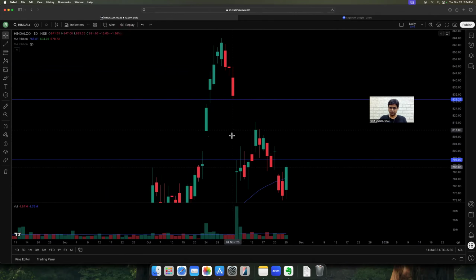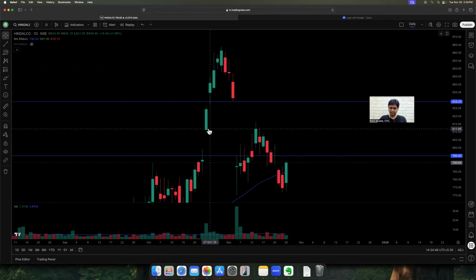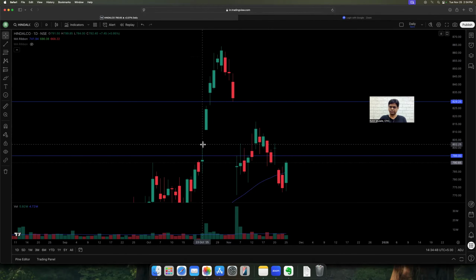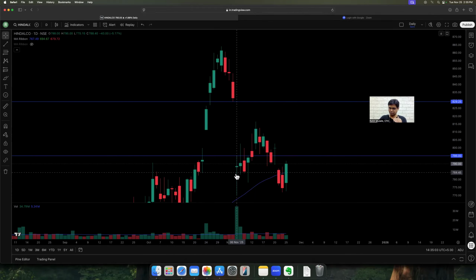Both windows have been broken by the falling window. The low of this rising window is this level. The high of this candle is the low of this rising window. And a rising window tends to become support. Both of these lows are broken by one large falling window.